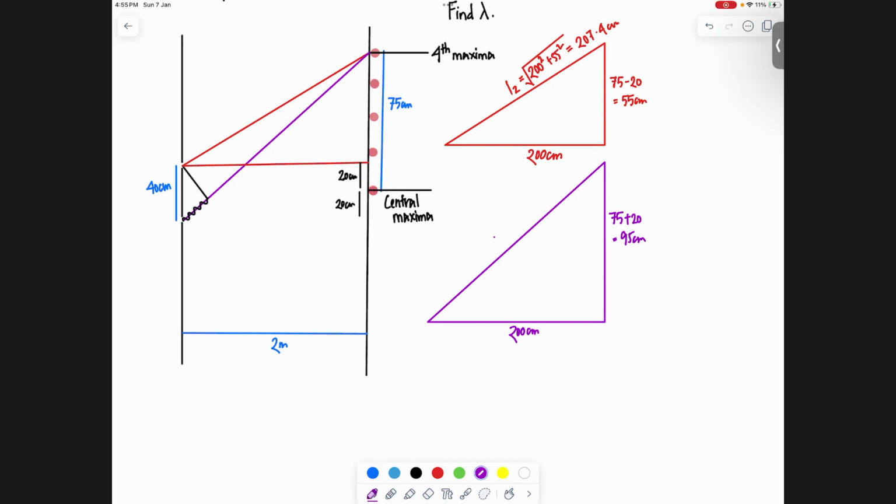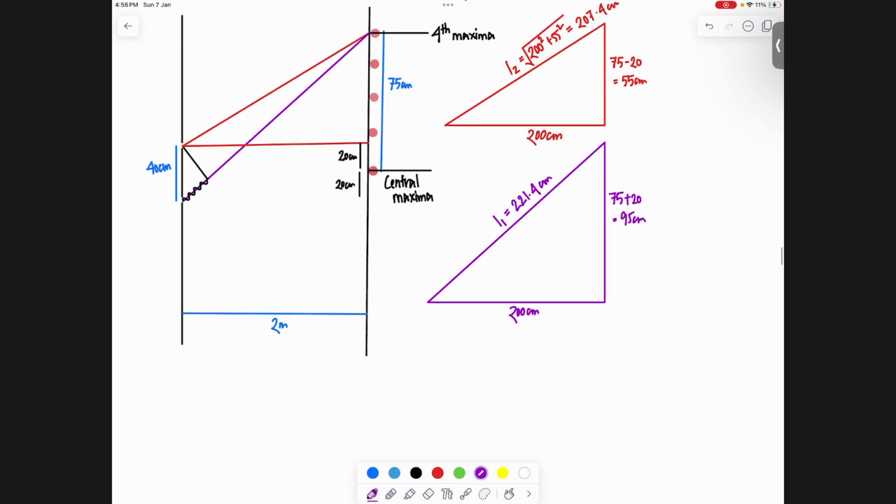So L1 is going to be how much? 221.4 centimeters, right?